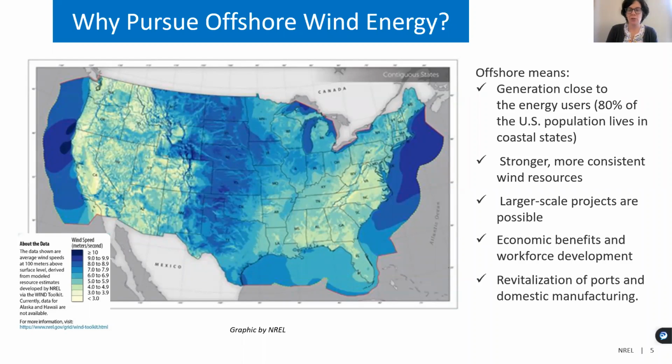The industry can also create really important economic benefits and workforce development opportunities, both along our coast, but also in the interior US. And we think that when this work is done intentionally and with a focus on equity and justice, it can create opportunities for folks who have been historically burdened by the development of fossil fuels or otherwise marginalized in our society. Next.